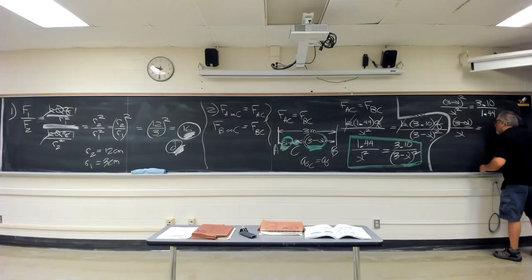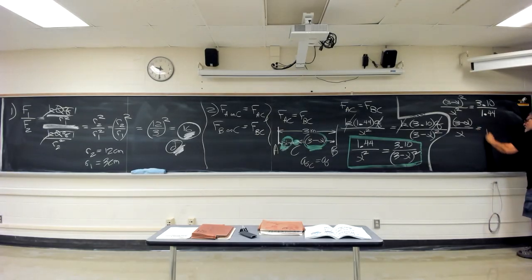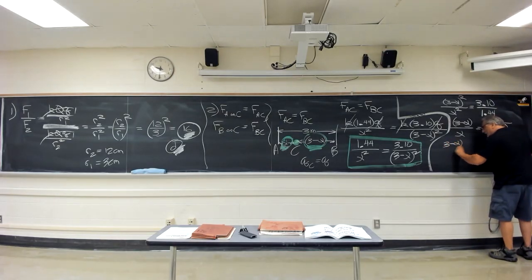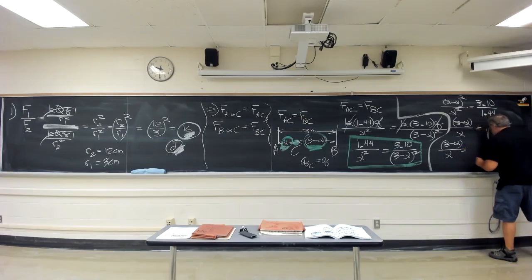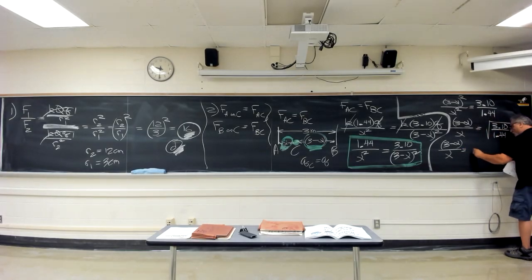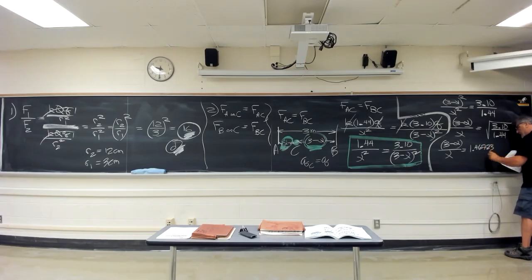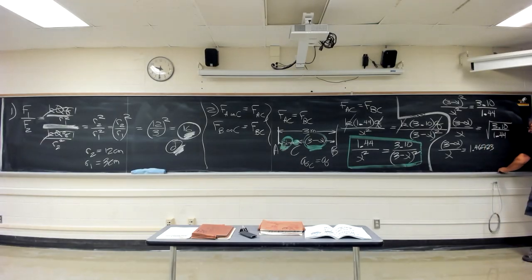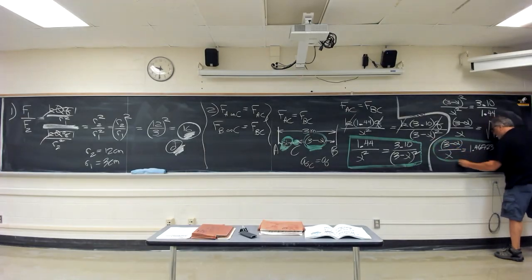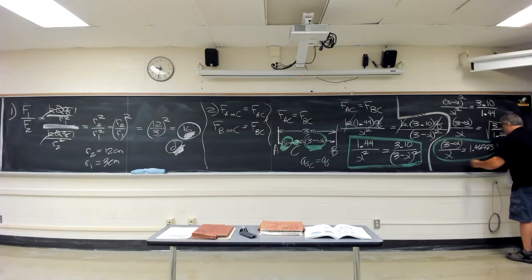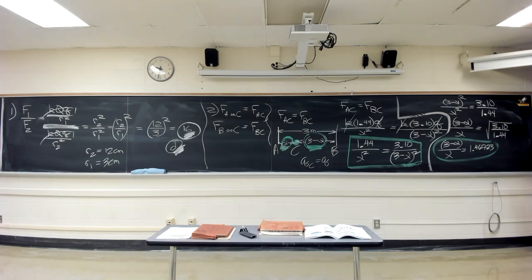Let's square root both sides. Square root this. See what's going on here. Well, at the end of the day, you got this thing right here. This ratio square rooted is 1.46723. Okay, not bad. From here, old-fashioned algebra, just multiply by x on each side and solve that algebraic equation.